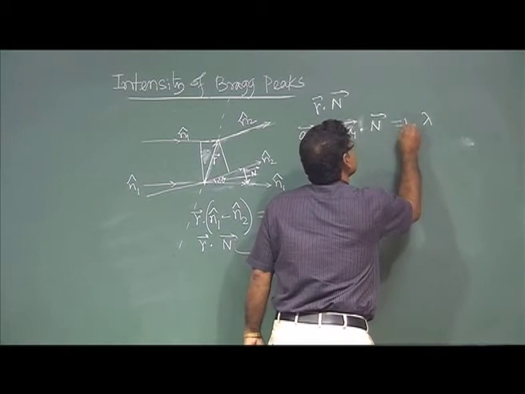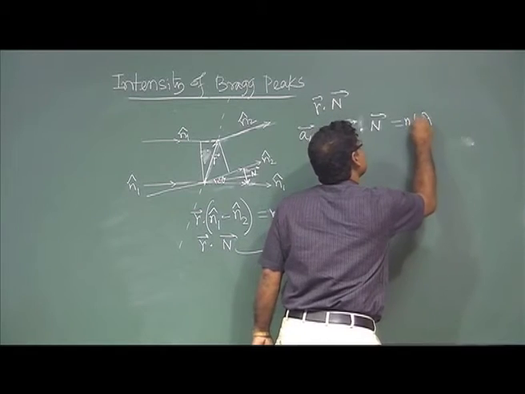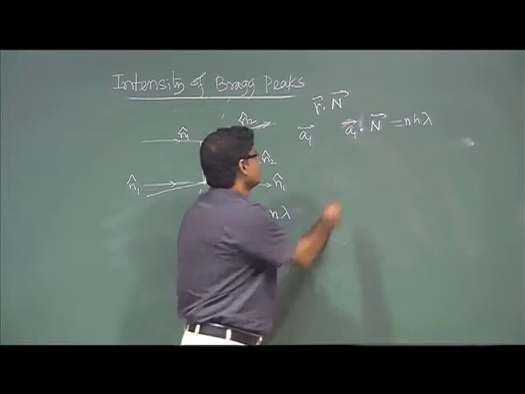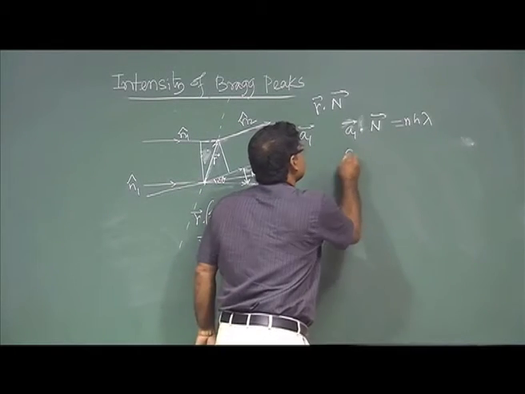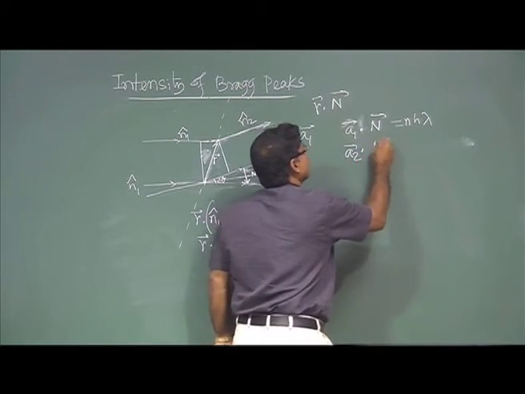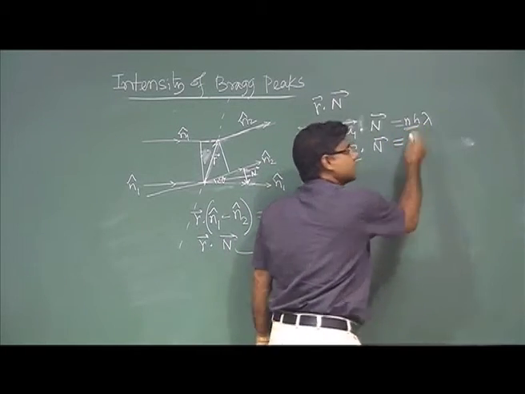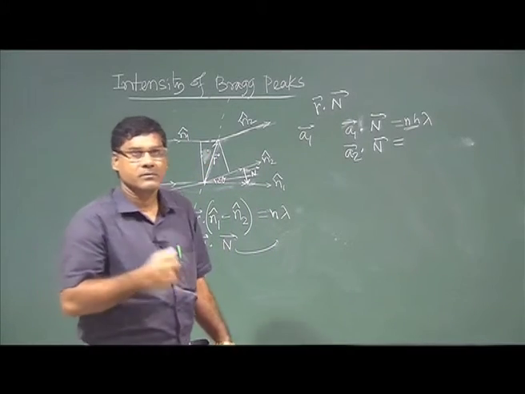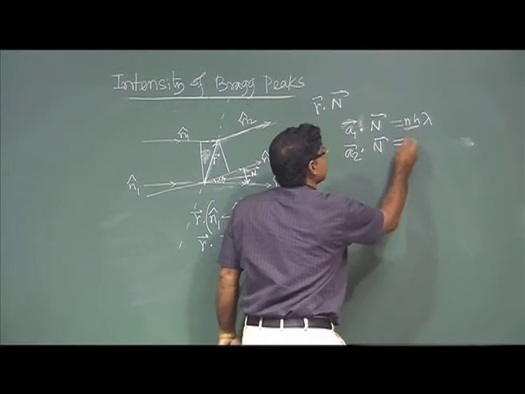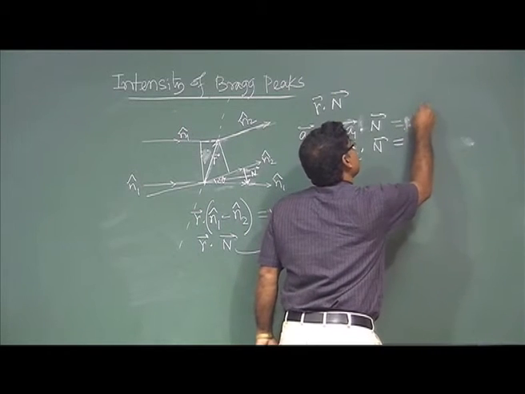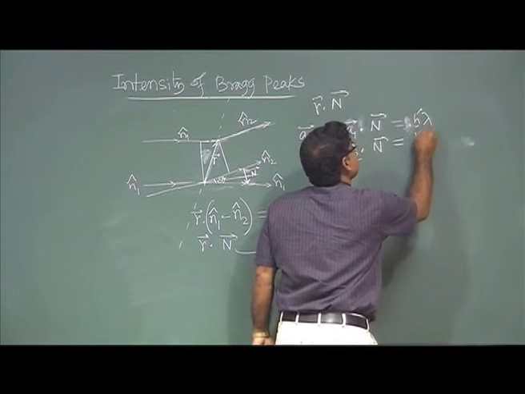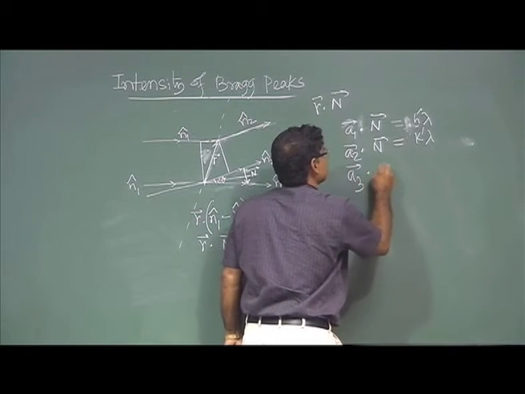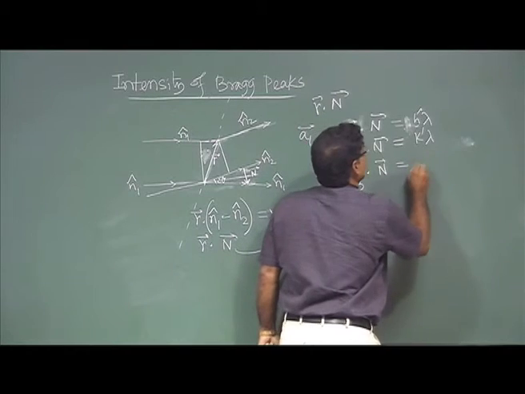So, here I am putting another constant, H. Why I am writing, I will tell you. Then A2 dot N. So, these together will give an integral value, right. So, I can write H dash, K dash, and A3 dot N as L dash.